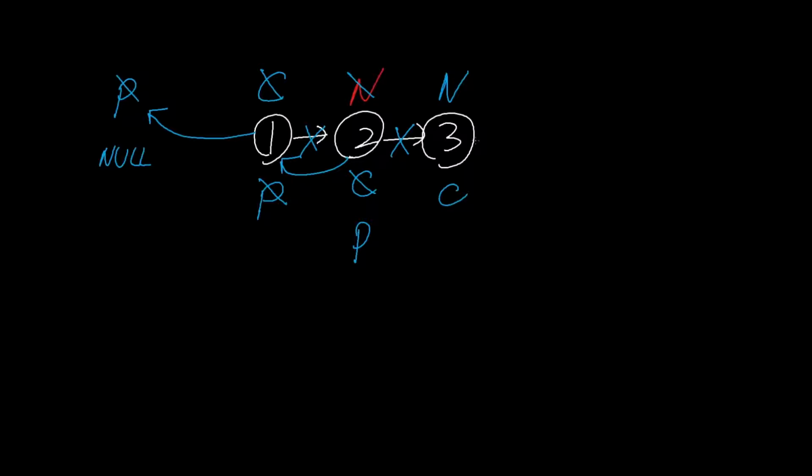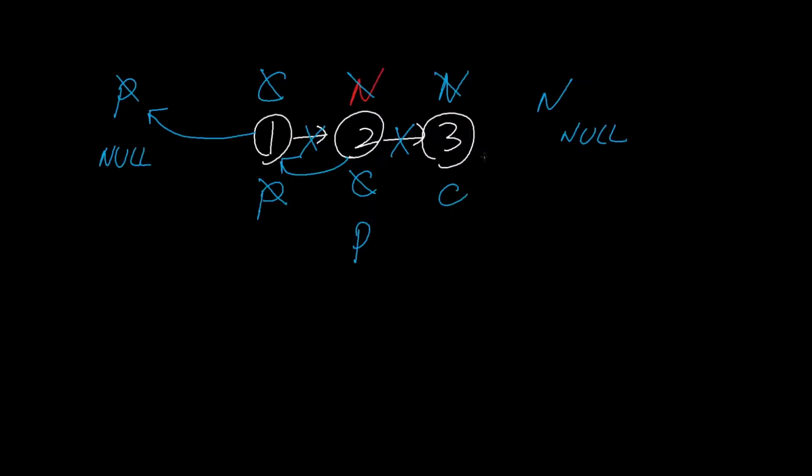And then in the next loop, the same way, we store the next of the current node, so the next pointer will be null. Here is null.